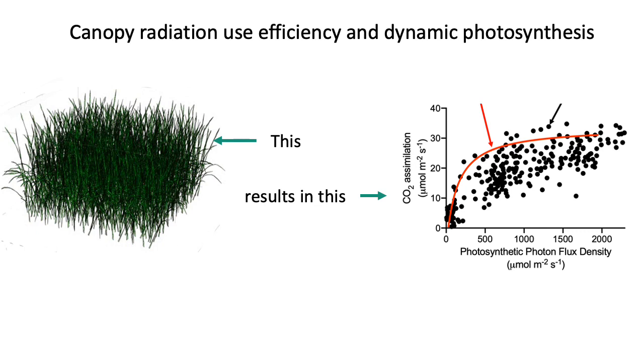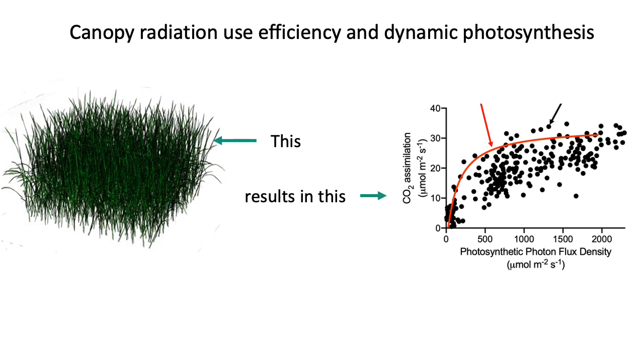This leads to a question about the three-dimensional properties of canopies, because the three-dimensional properties of canopies will change the light dynamics within those canopies. And so a complex environment for a leaf within a canopy, such as a rice canopy shown here, results in a complex pattern of downregulation of photosynthesis that affects biomass and yield.